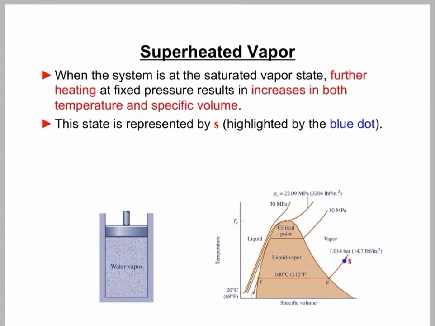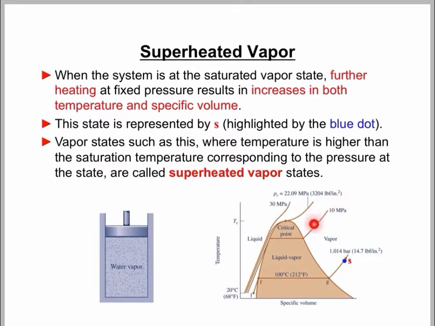That's demonstrated here, that we have this location for our specific volume, which has increased, but also our temperature has increased. Everything over here to the right of your phase change envelope is considered superheated vapor.